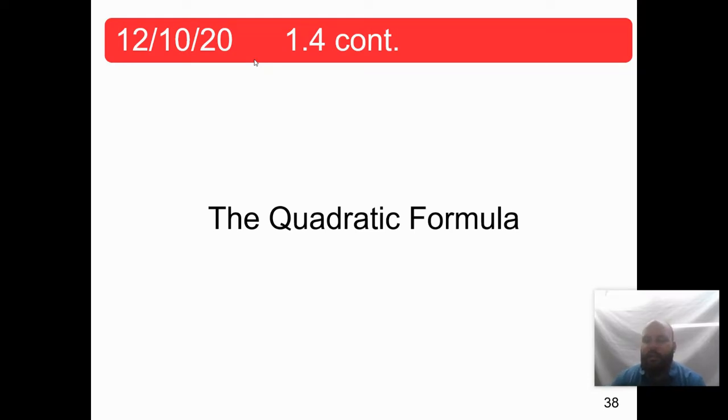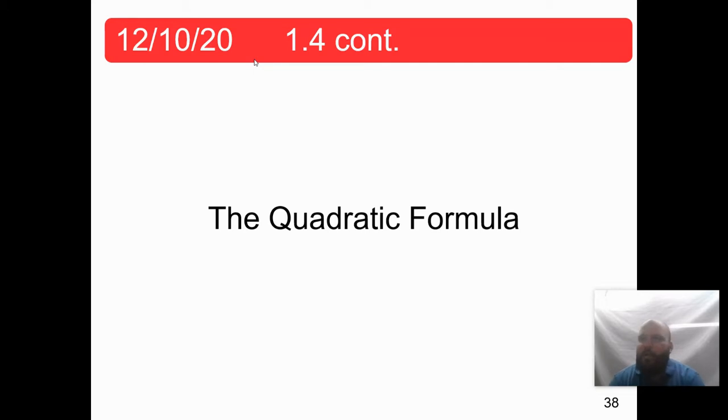So today I am going to go over something that you probably already know a little bit about and used a good bit last year, but it's probably been a while since you've used it, so you don't have the formula memorized. And also, it was probably not explained to you where the quadratic formula came from.